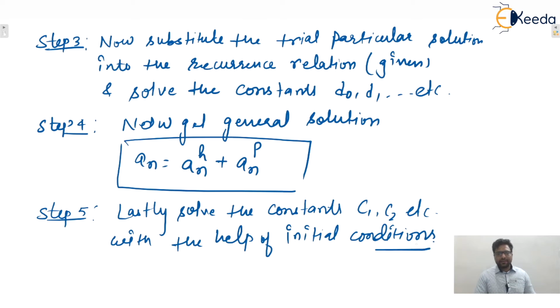So that is the final step. So the procedure for the inhomogeneous LRCC contains these 5 steps, and these are very simple steps you can say.